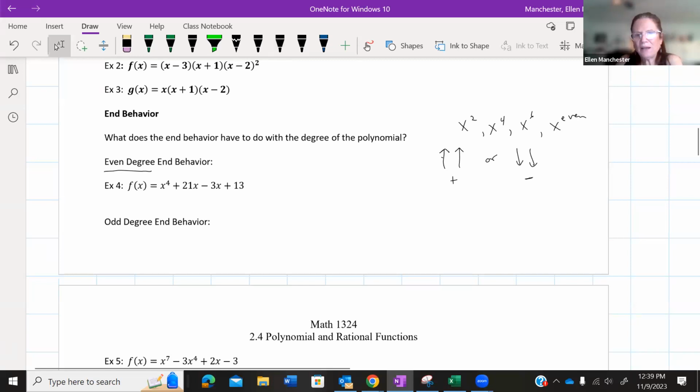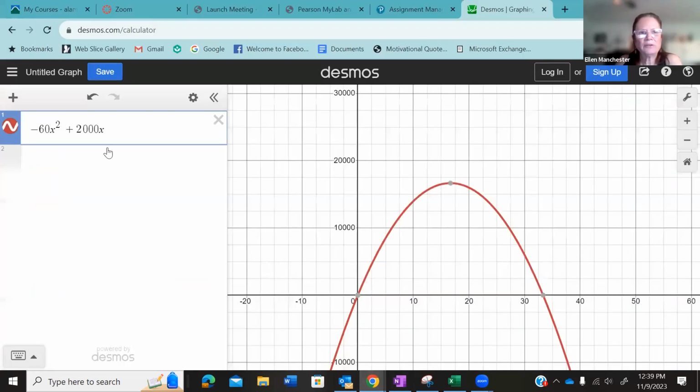Okay, so let me take you back to Desmos. You see how this particular function is a negative 60x squared. So my highest exponent is even. And you see how it's going down because my first term is negative.